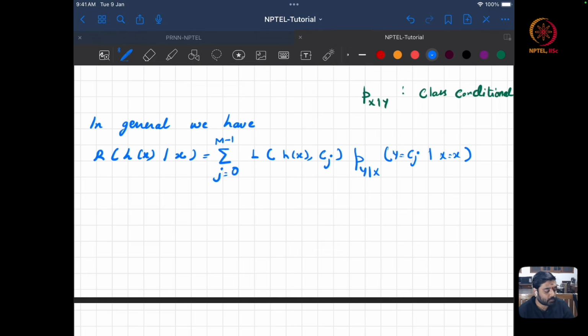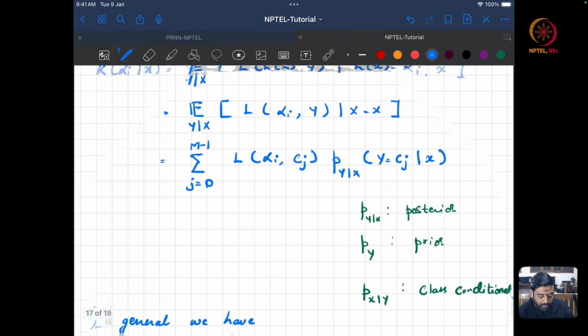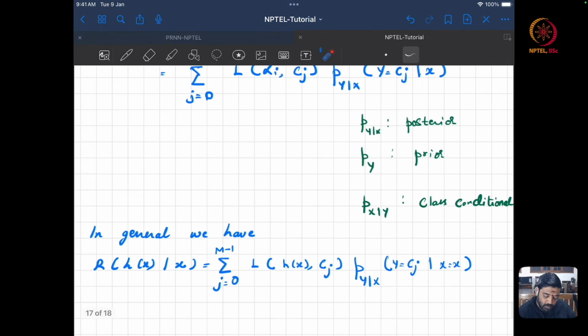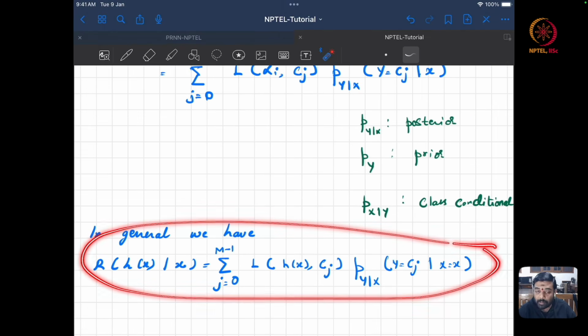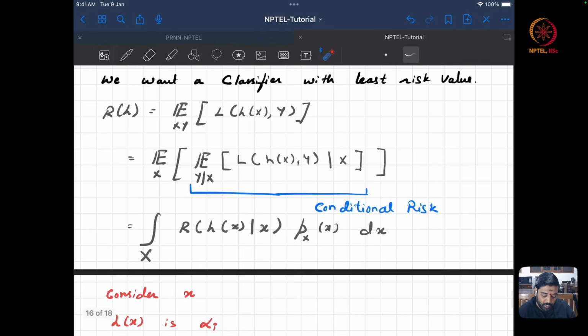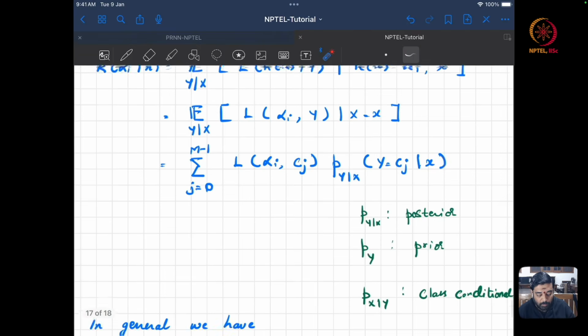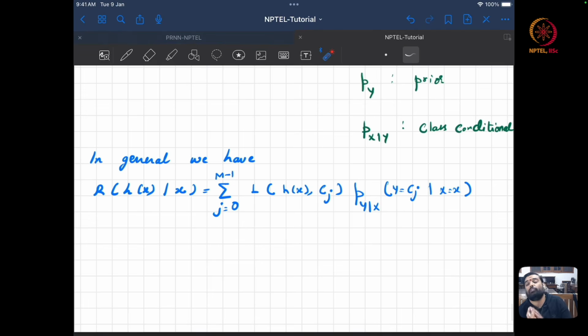Now you can go ahead and substitute it back. This is the conditional risk, and you can put it here. This is a much more generic viewpoint of looking at the risk.